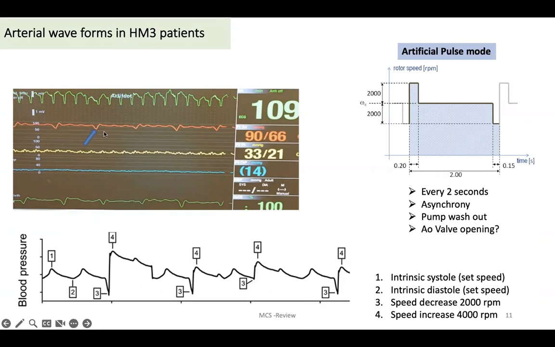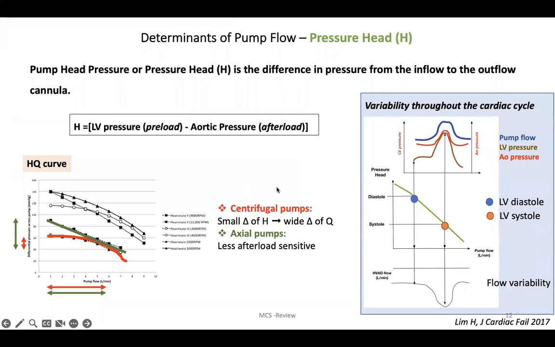That's why you have this kind of waveform for a patient under HeartMate 3. Of course, the native pulsatility can vary according to the patient's condition, volume status, and intrinsic contractility. But I think it's important to notice.